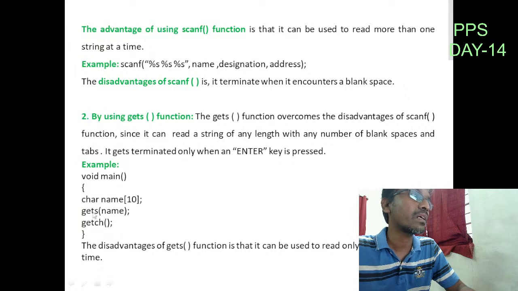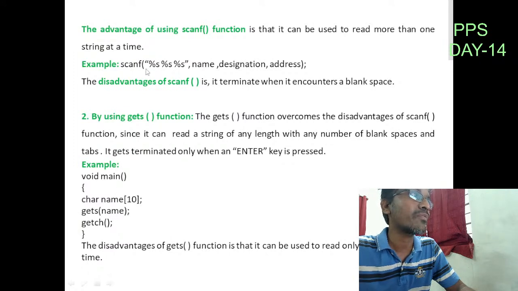If you want to read another string, then again you need to write gets followed by name 1. Like that, however many strings you require, you have to use gets followed by name, gets followed by designation, gets followed by address. You have to write a number of gets statements for reading multiple strings.